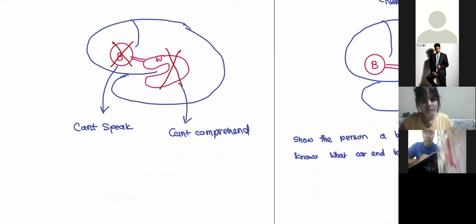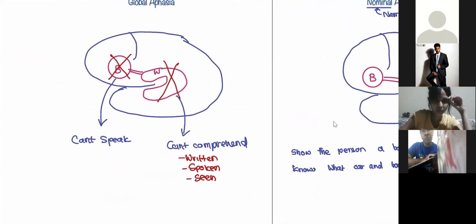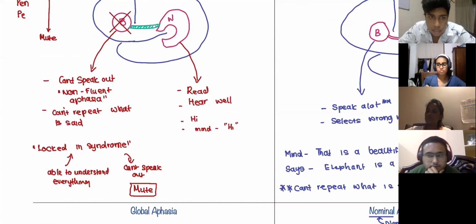They just can't comprehend what is written, what is spoken to them, what is seen. They just can't comprehend that, and they can't put it into words. Okay. Did you understand?